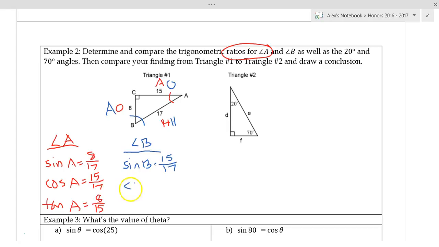The cosine of B, adjacent over hypotenuse, so 8 over 17. And the tangent of B equals 15 over 8, opposite over adjacent.